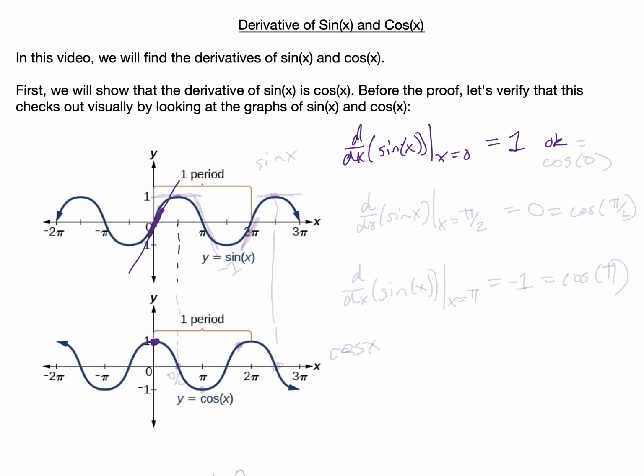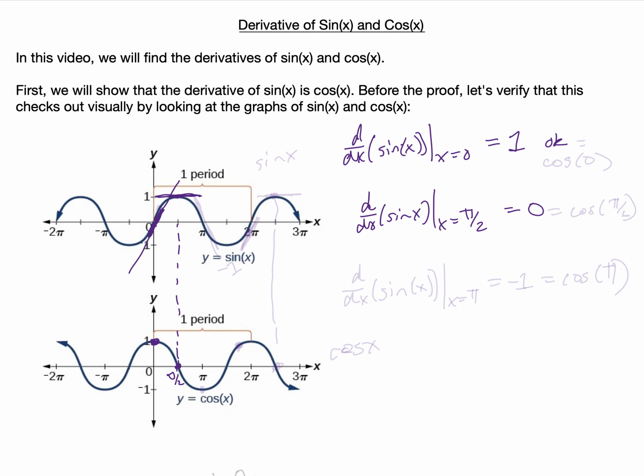What about the derivative when x is equal to pi over 2? So this is pi over 2. When x equals pi over 2, yes, that is a horizontal tangent line. So the derivative of sine of x evaluated at x equals pi over 2 is in fact 0.